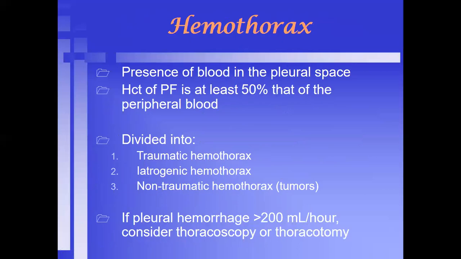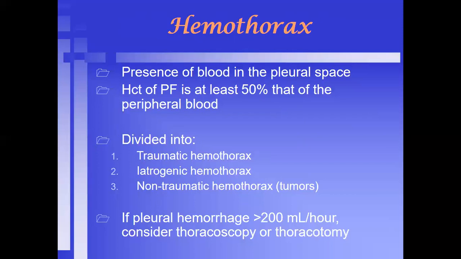Next condition is your hemothorax, which is the presence of blood in the pleural space. So to determine if the fluid is actually blood and not just a sanguineous or bloody type of effusion, we compare the hematocrit of the pleural fluid to that of the hematocrit in your peripheral blood.